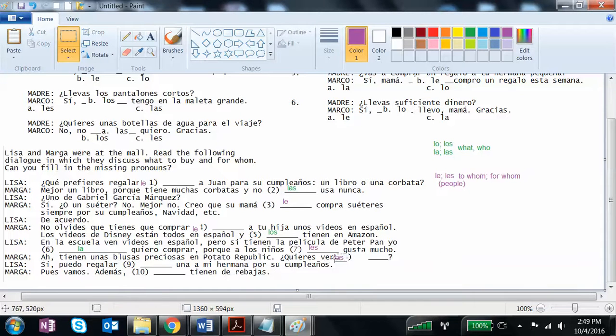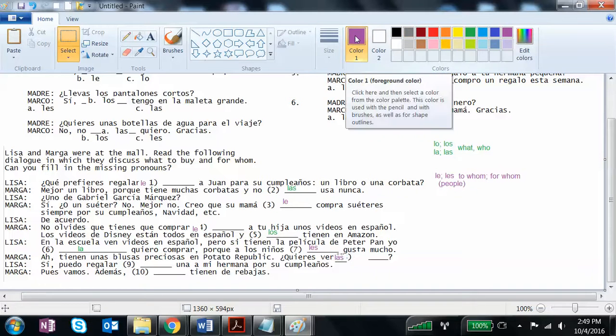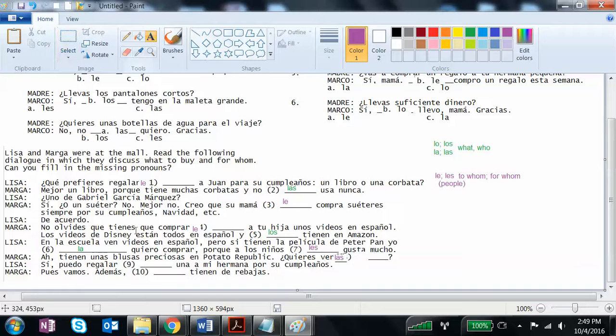They can go in front of conjugated verbs or attached to unconjugated ones, infinitives. Sí, puedo regalarle una a mi hermana por su cumpleaños. Here we've got that a mi hermana, so we say, yes, I can give one, that's your direct object, to my sister. So we are going to need the indirect object pronoun here.